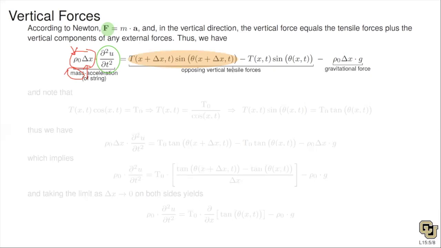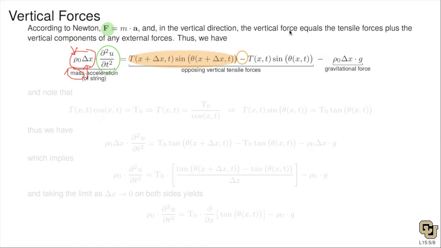Here they're moving in opposite directions; we think of it as going up and down, and so we have forces moving in opposite directions. That's why I have this minus sign here. At x plus delta x, we're assuming it's going down, and at x, it's going up, or vice versa, and the minus sign accounts for the opposite motion.